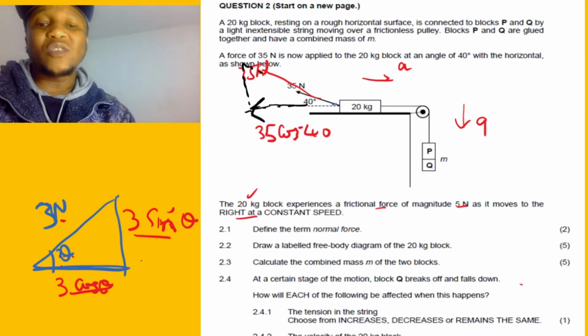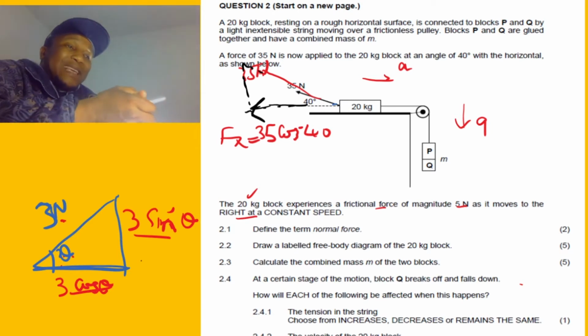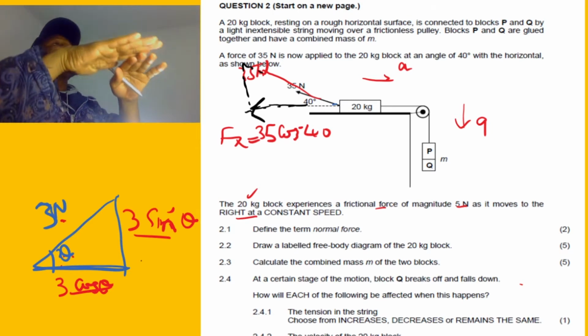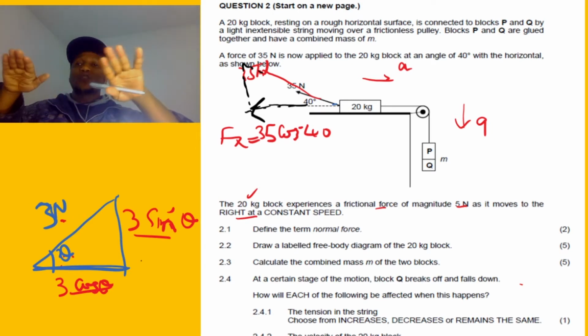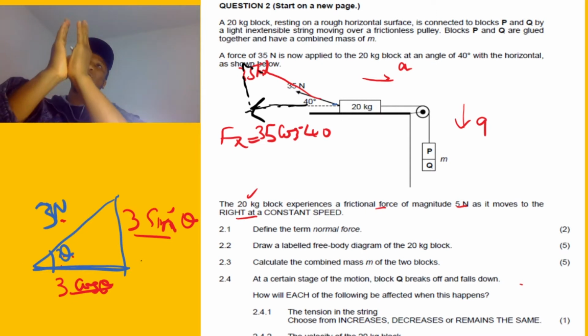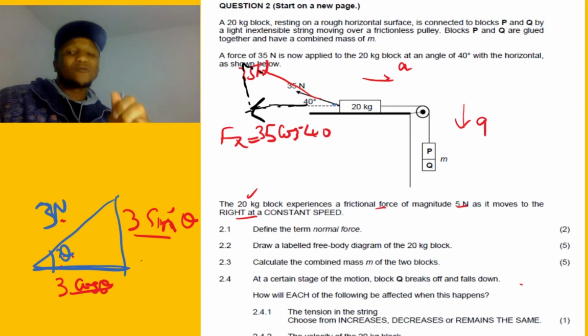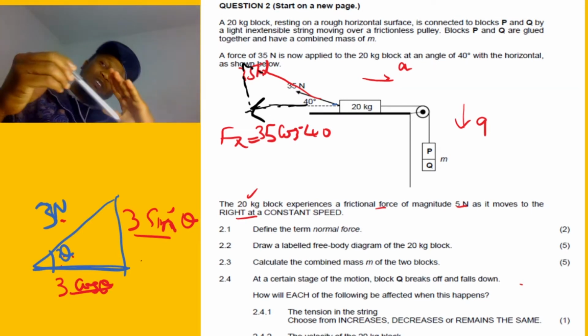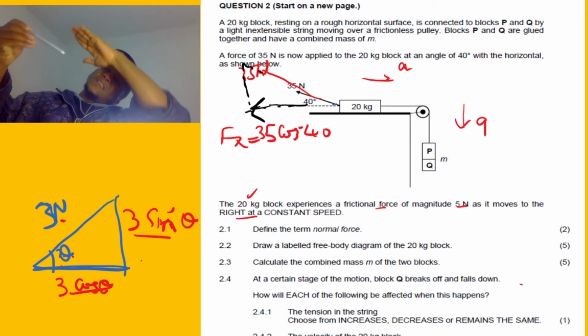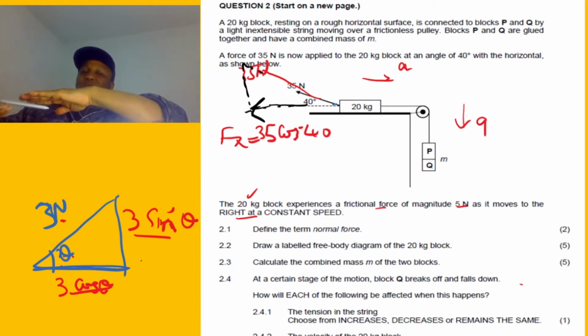That gives us Fx, the pulling force. We have to resolve it because we want to deal with only a horizontal force or only a vertical force. You don't want to deal with the inclination. So we resolve this force of 35 and make it horizontal.